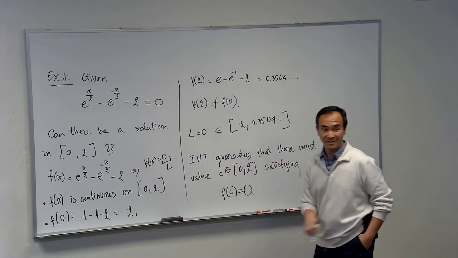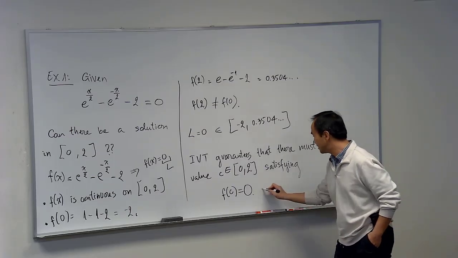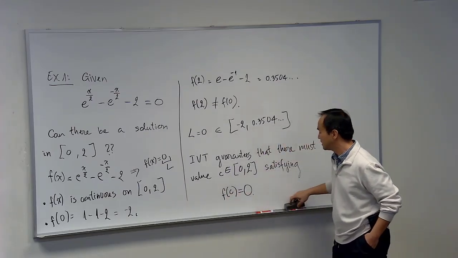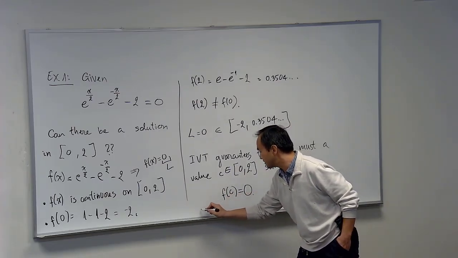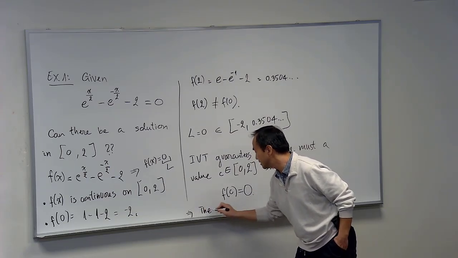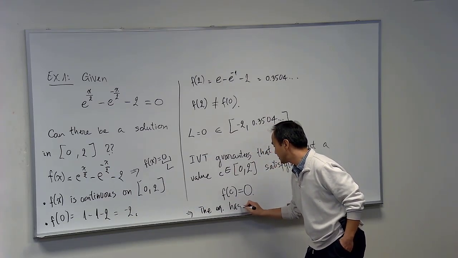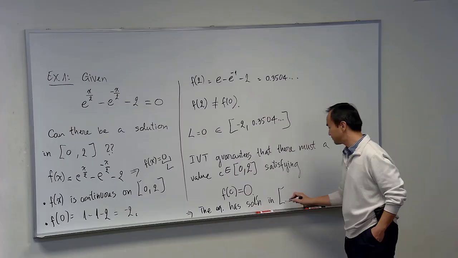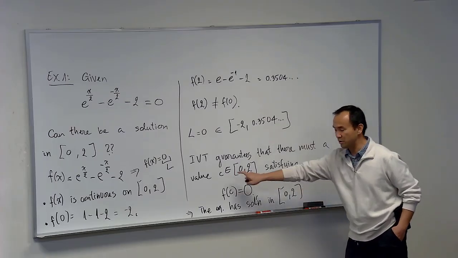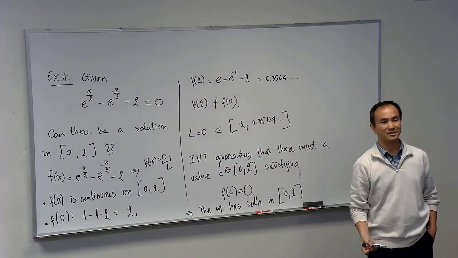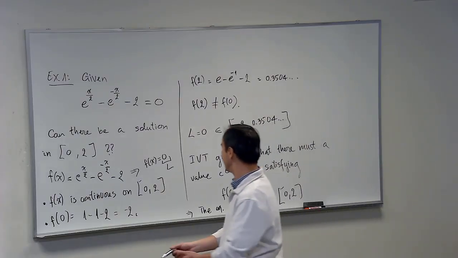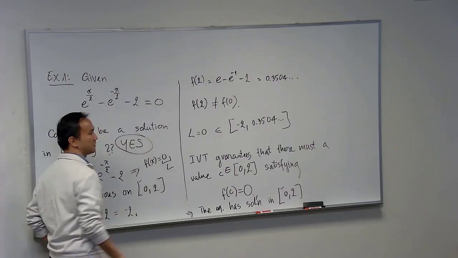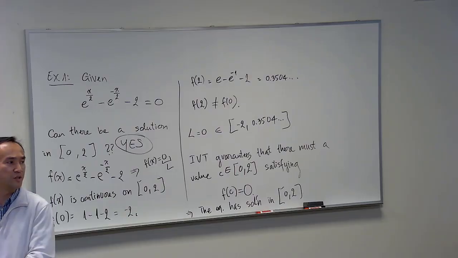And f of c equals 0 means, or the last thing we can say, the equation has a solution in the interval from 0 to 2. The statement will say that. Okay, so we have answered that question. The answer here is a yes. There will be, there can be, and there definitely will be a solution between 0 and 2.